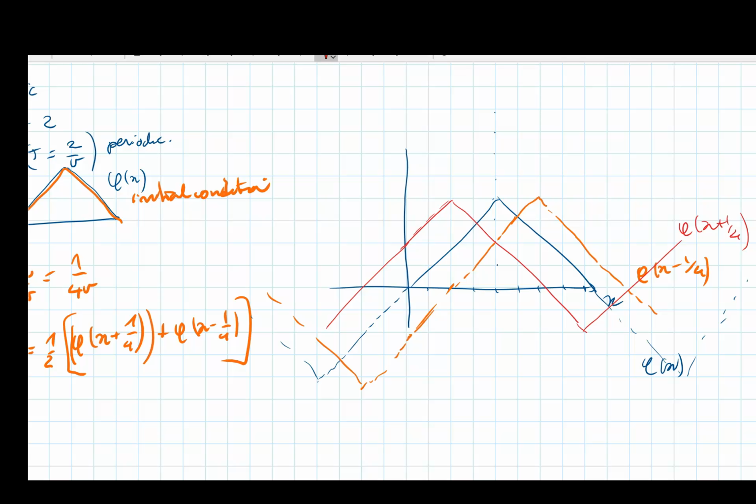And now I'm taking the average of the two. What should I get? I'm summing my red and orange curves. As expected, I get zeros at the boundary of my domains. I'm going to get 1 here and 1 here because I'm summing 1 and 0, and here I'm doing the average, so it's going to look like this.